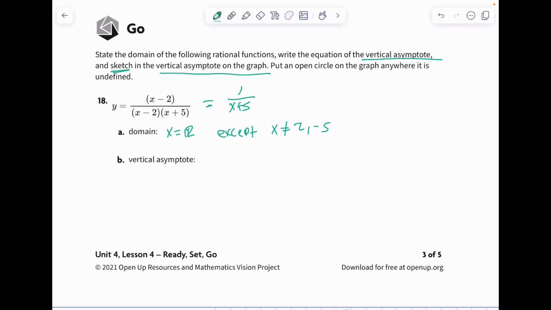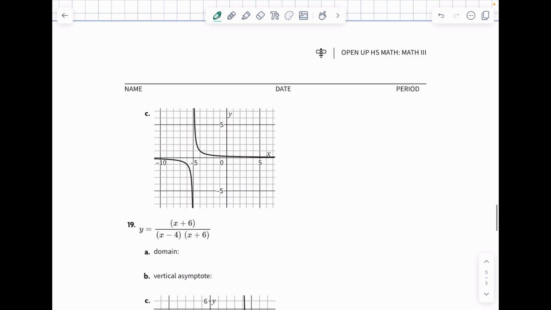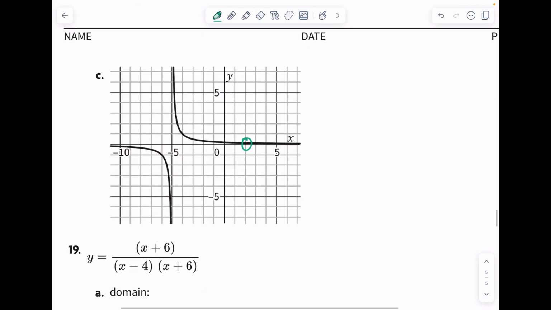So we know that there's going to be a hole at x minus 2 equals 0. So then x is equal to 2. And there's a vertical asymptote when x plus 5 is equal to 0. So x is equal to negative 5. Okay, so then on our function, we know that there's a hole at 2, and then right here, negative 5, it's a vertical asymptote.